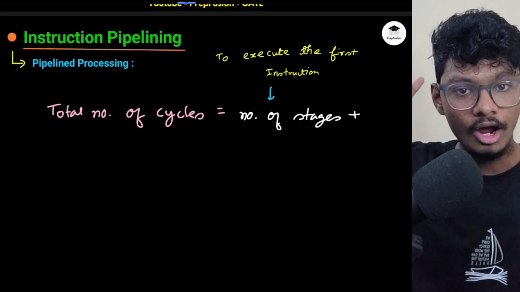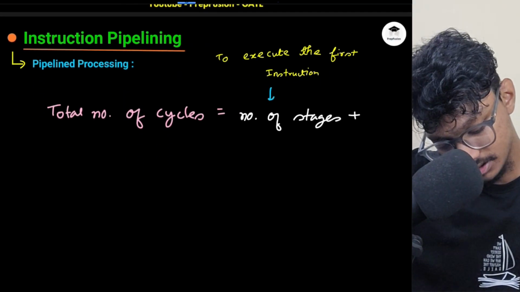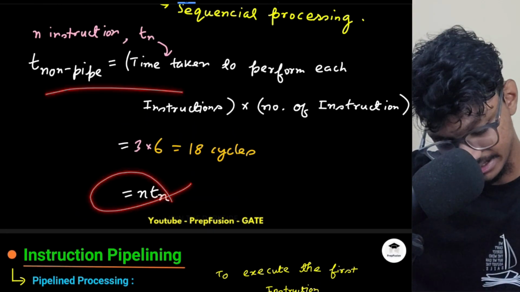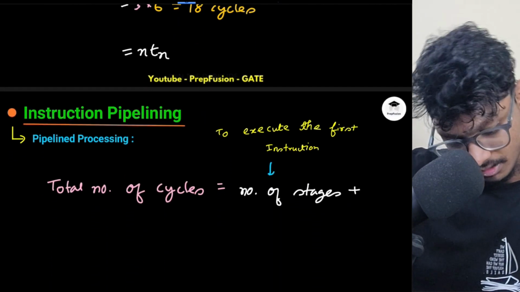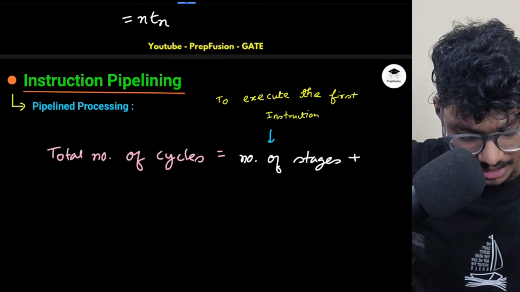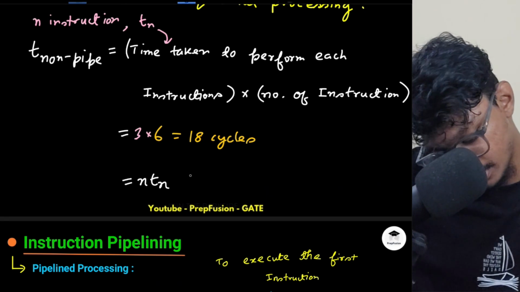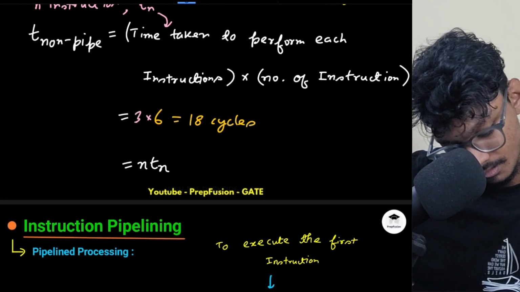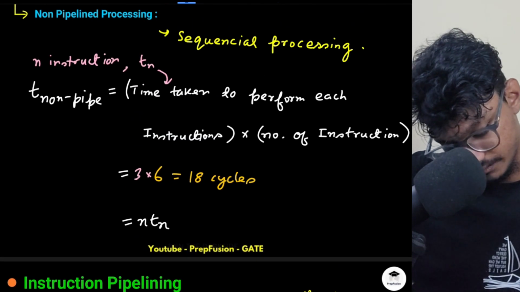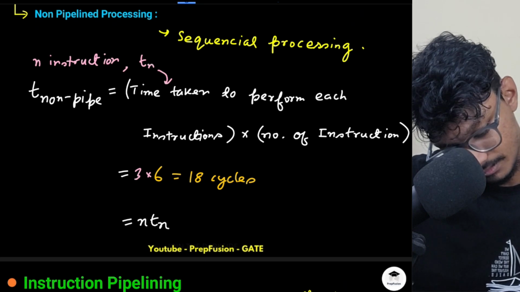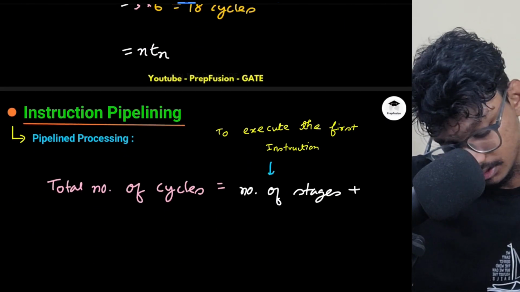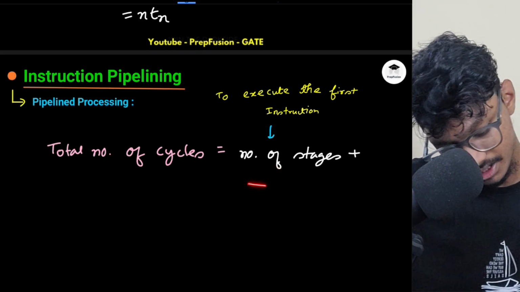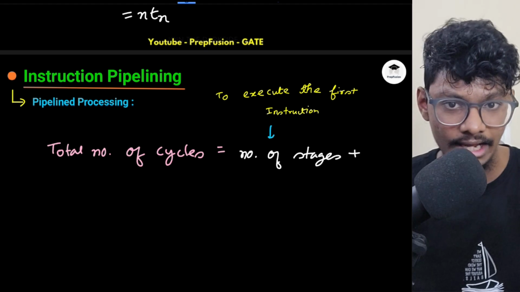And here, how much time will it take? Although I have written cycles here, I can write this in terms of time as well. Cycles and time are the same thing. Here, the number of stages is fine, plus after each cycle I'm getting a new instruction.